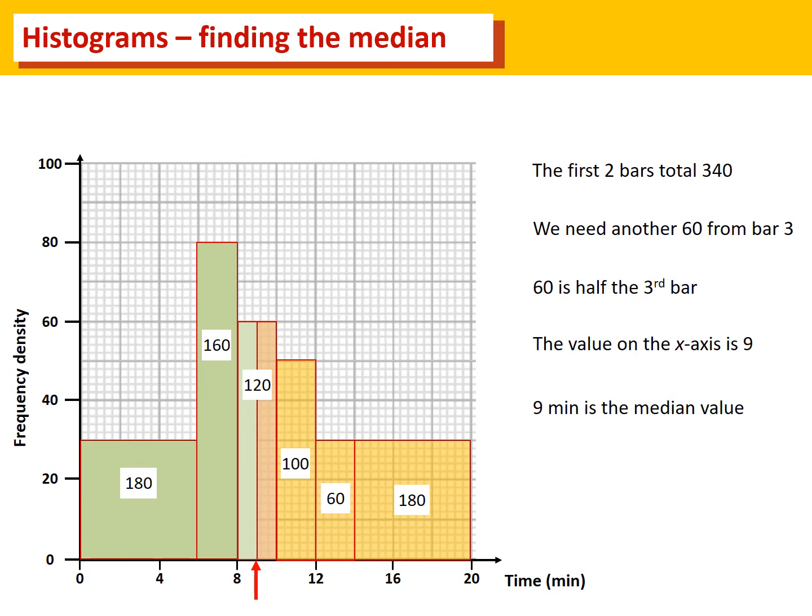So 9 minutes is our median value. And that's how we find the median of a histogram. It's a value on the x-axis that divides the area of the histogram into two halves.